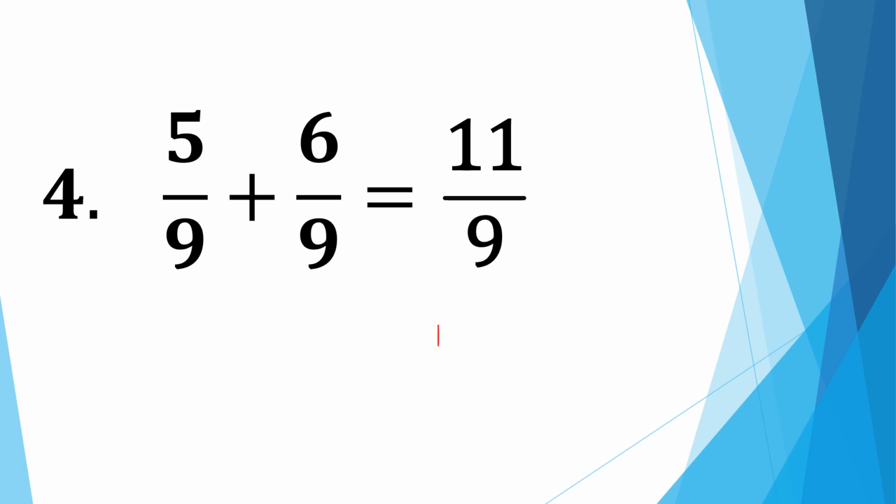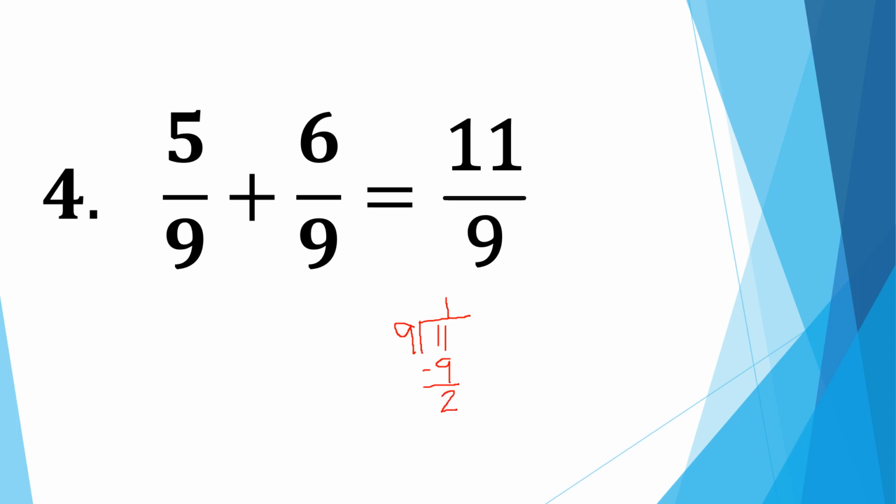So 11 divided by 9. 11 divided by 9 is equal to 1. 1 times 9 is equal to 9. Then subtract. 11 minus 9 is equal to 2.